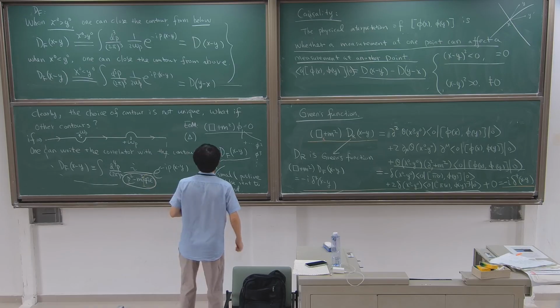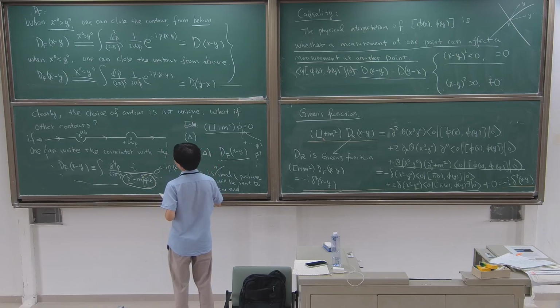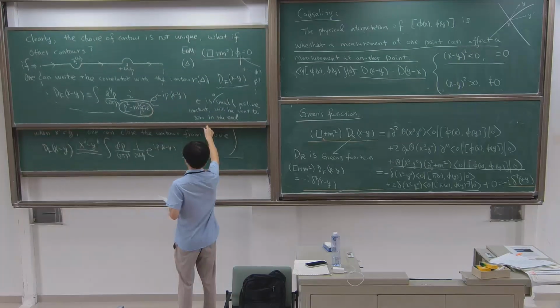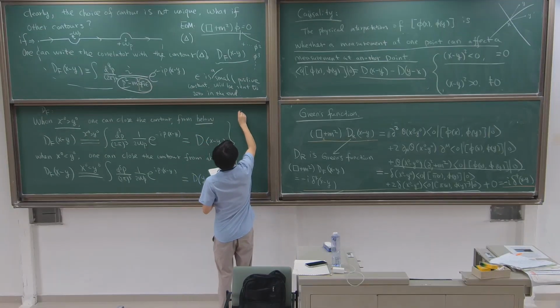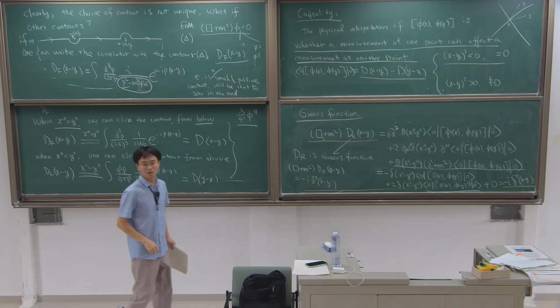For example, a typical interaction will be the phi to the fourth term. Sometimes we call this lambda phi fourth theory.